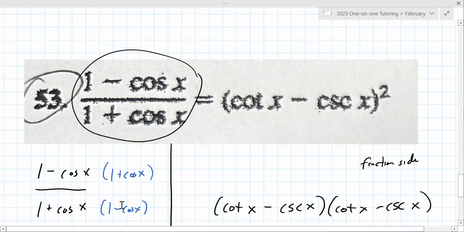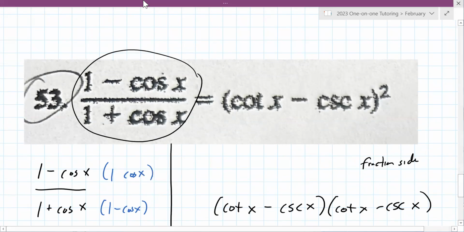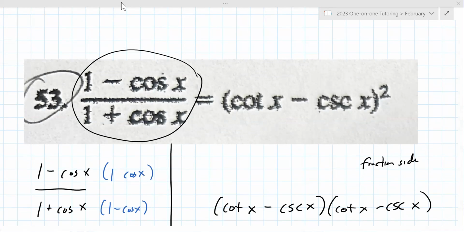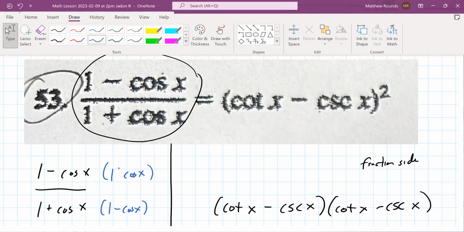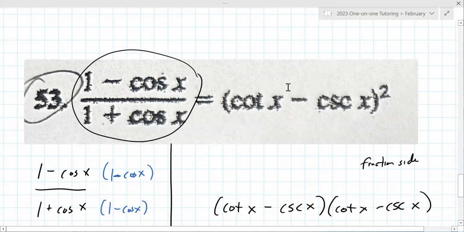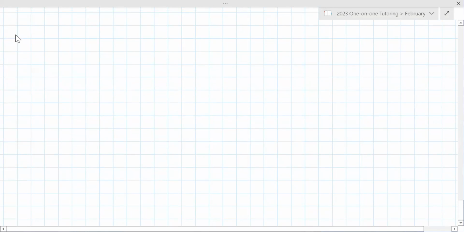Oh, I'm sorry. That's why this isn't working. I messed up on this beginning. That's why this is so wonky. Okay. Sorry about that. Let me start fresh here. I really messed this up bad.